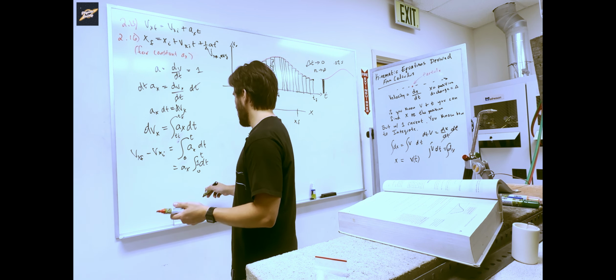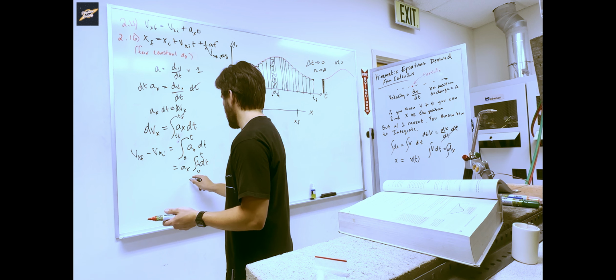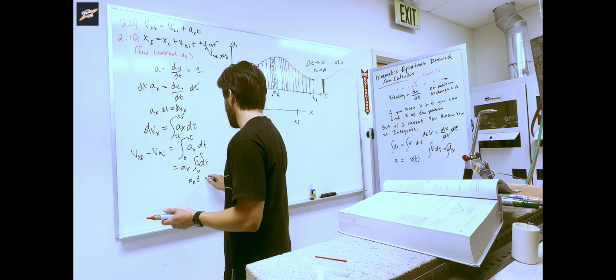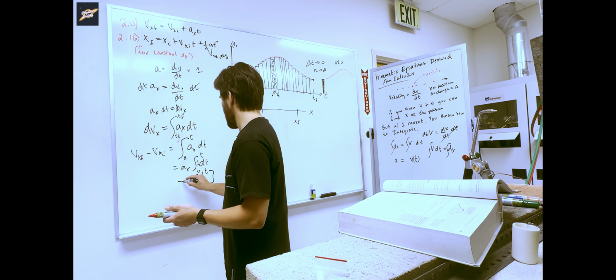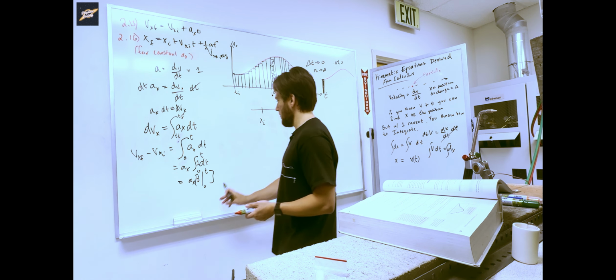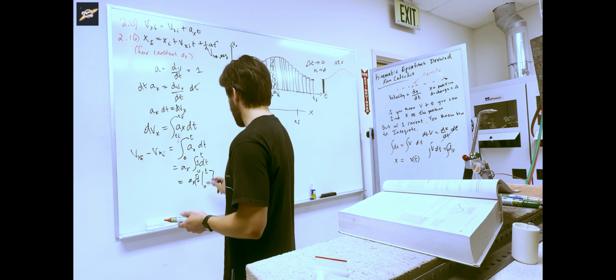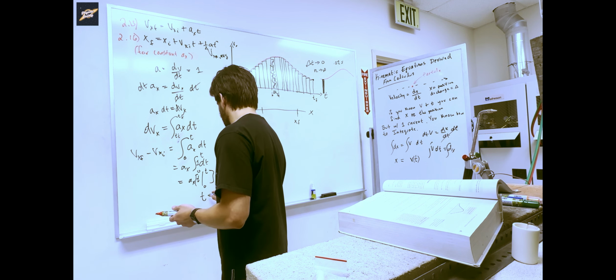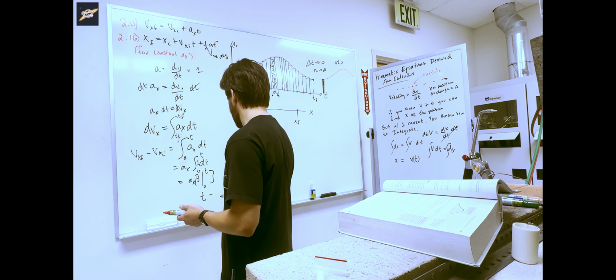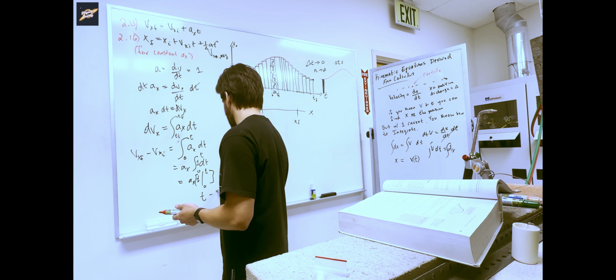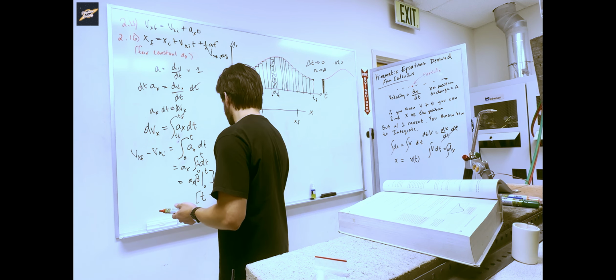So this is a_x times t from 0 to t, and then from here, t minus 0.